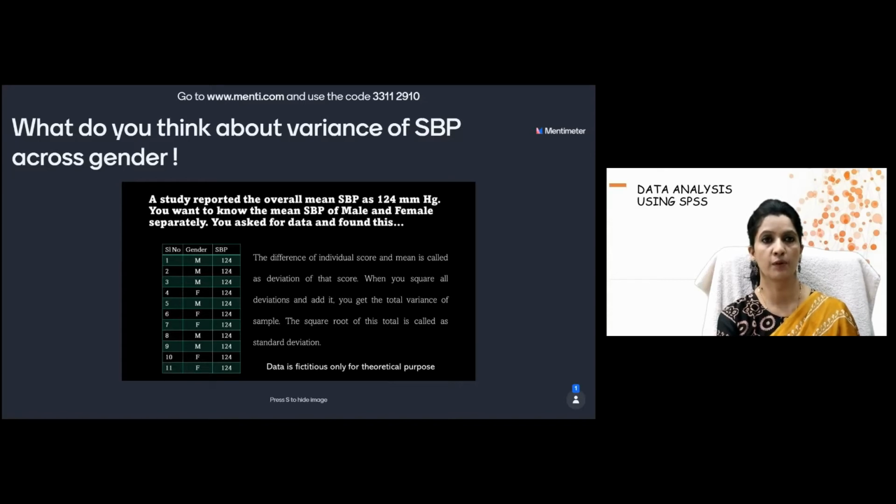The difference of an individual score and the mean is called the deviation of that score, and when you square all deviations, you get the total variance of the sample, and the square root of this is called the standard deviation that you have seen. So now, can you comment on the variance of this data? What is the variance?